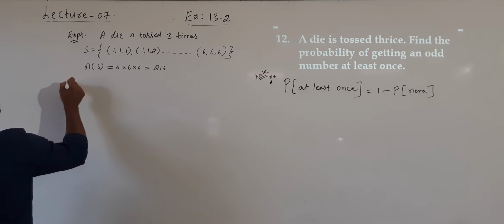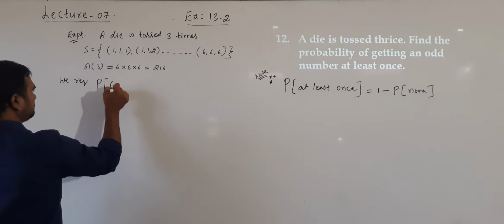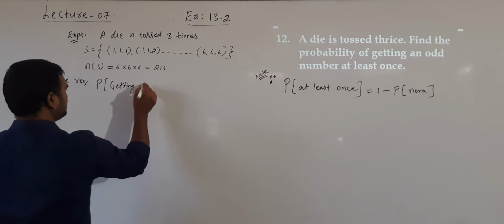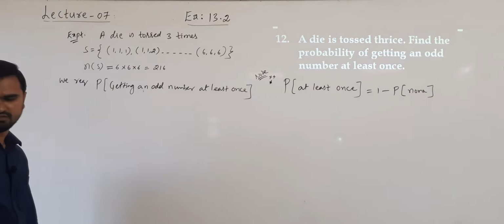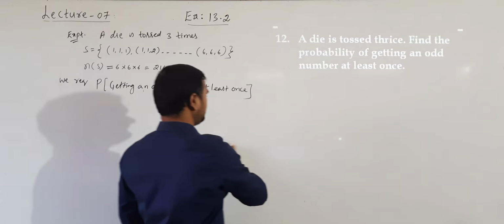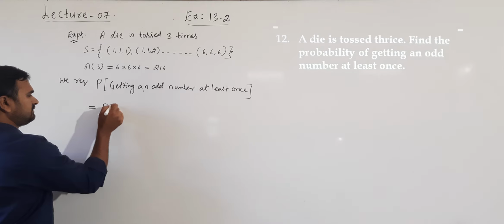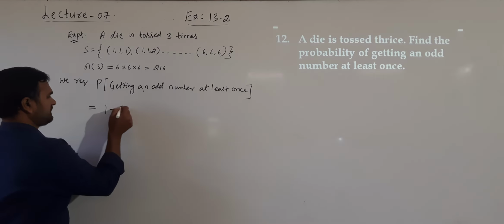Okay, so here we require the probability of getting odd number at least once. It can be written as 1 minus probability of getting odd number none of the times.